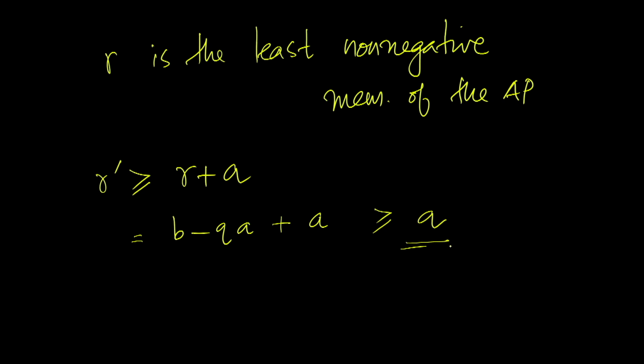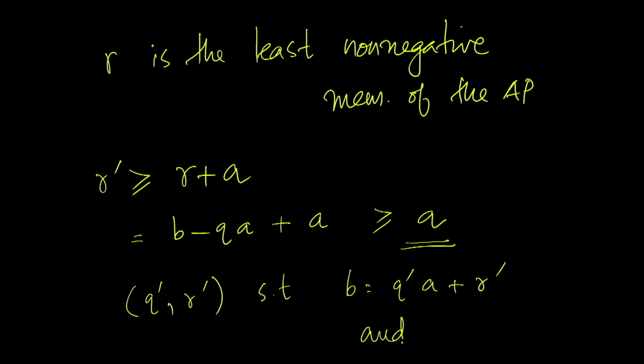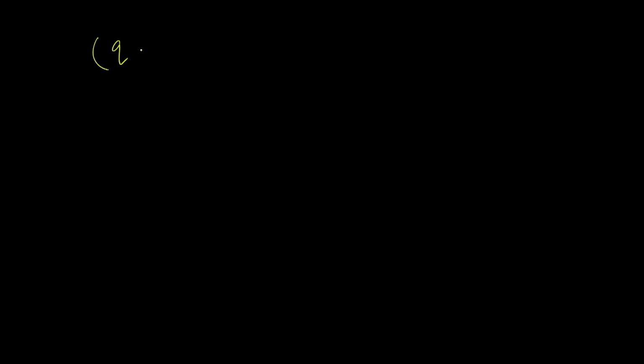And therefore r prime will not qualify, because we want a q prime r prime such that b is q prime a plus r prime and 0 less than or equal to r prime less than a. This is violated here. Therefore, there cannot be another ordered pair q prime r prime. So qr is unique. Hence our claim.